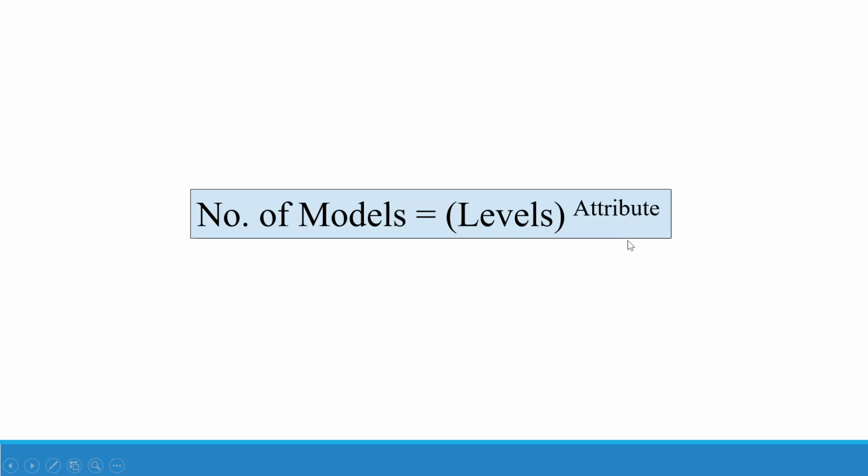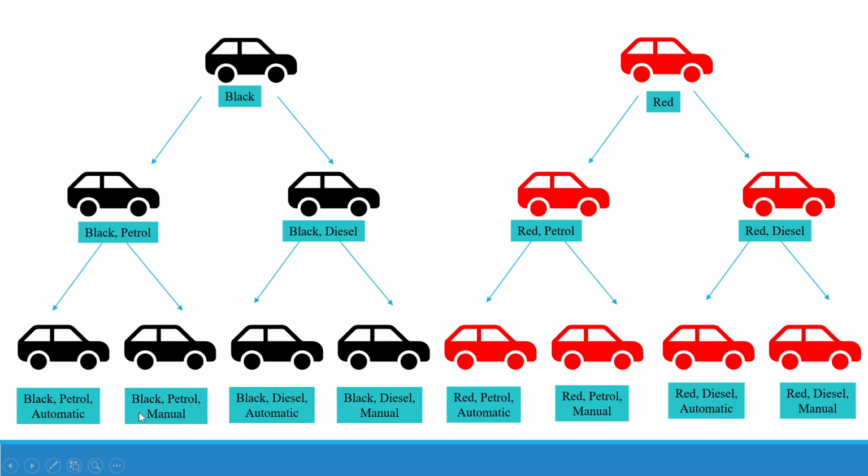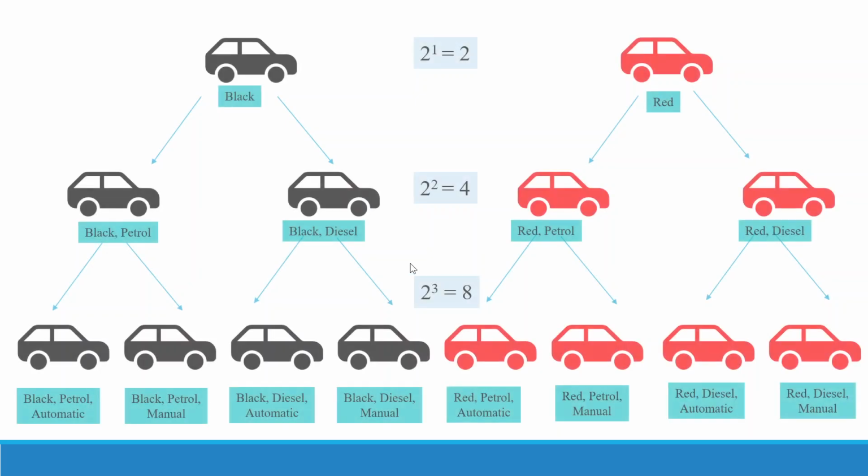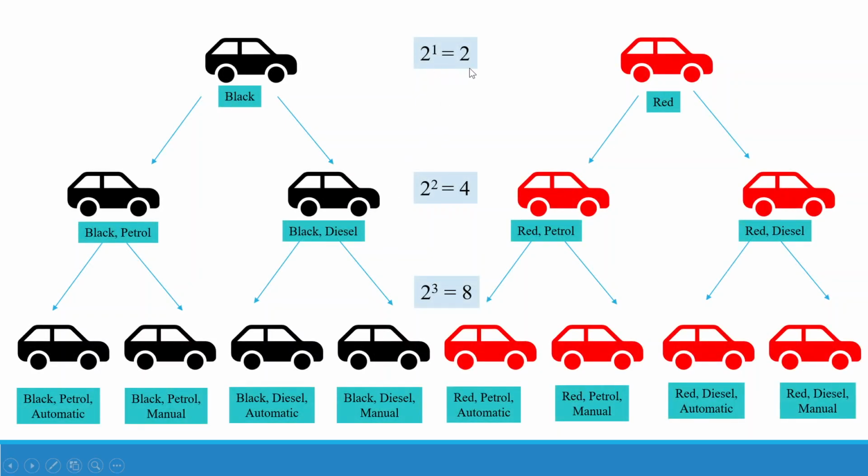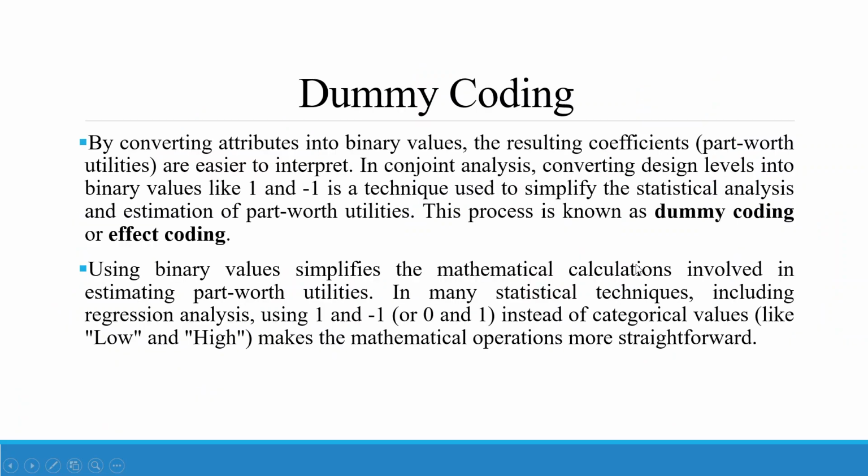So 2 raised to 3. 8 designs are available, 8 models are available, 8 profiles are available: 1, 2, 3, 4, 5, 6, 7, 8. So 2 raised to 1 is 2. If the attribute is 1, then 1 and 2. Now there are 2 attributes, so 4: 1, 2, 3, 4. With 3 attributes, 8 profiles are available.